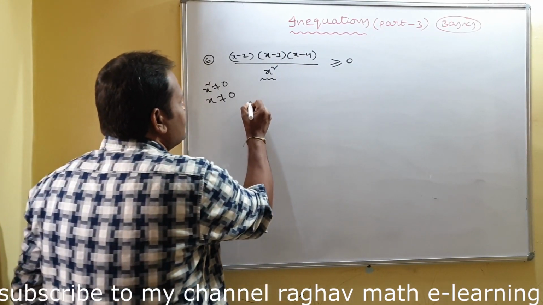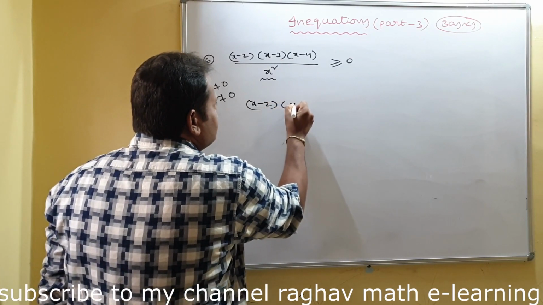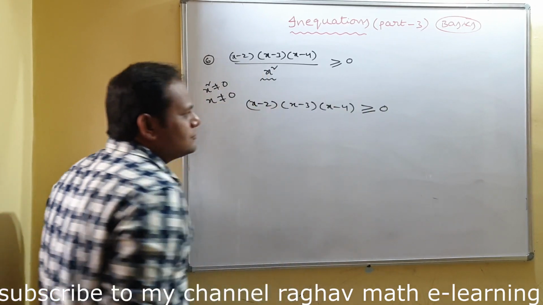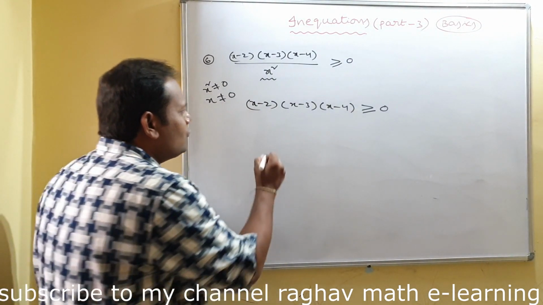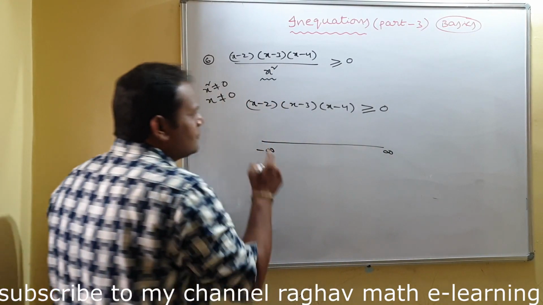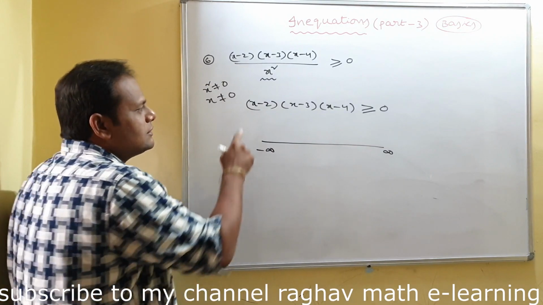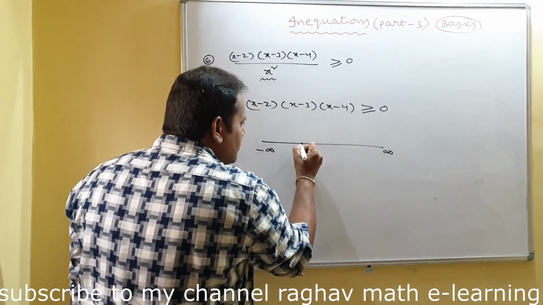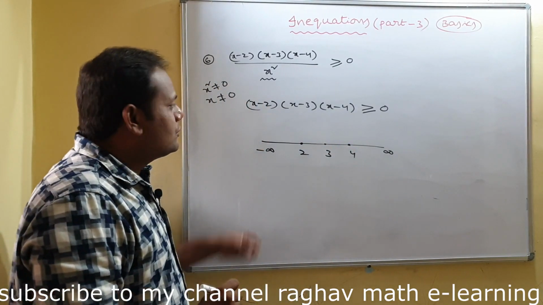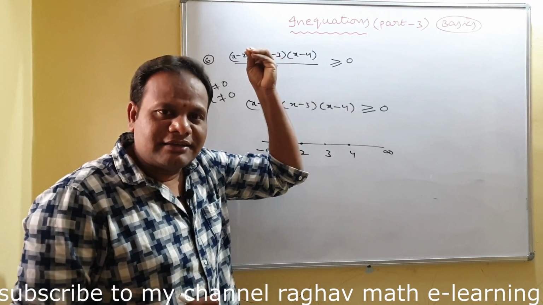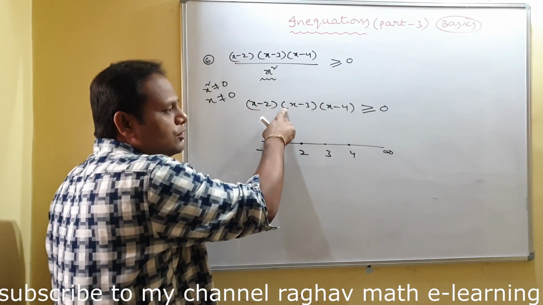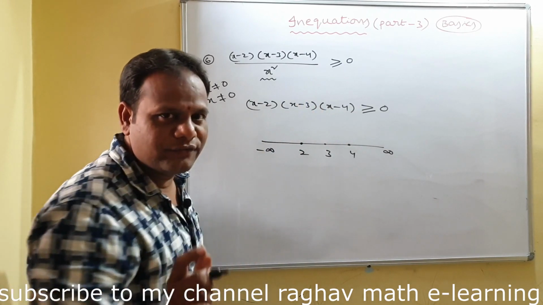So what we get? x minus 2 into x minus 3 into x minus 4 greater than or equal to 0. Okay, now you take the real line, minus infinity to infinity. What are the values of x? x is 2, 3, 4. Mark them in increasing order. After that, you check the signs of x coefficients. Here x coefficient positive, here positive, here also positive. Very good.